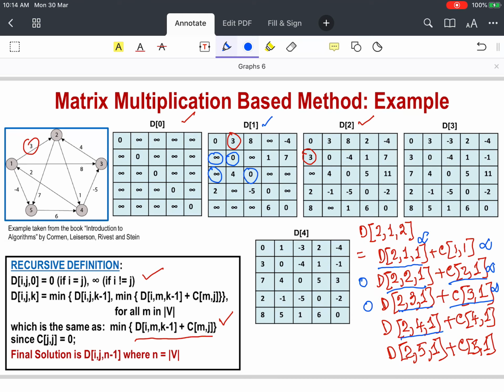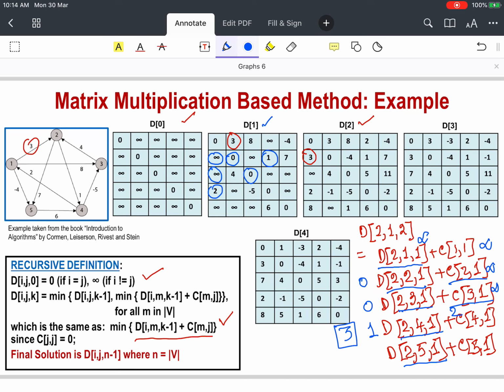Let us look at what D2, 4, 1 is. So D2, 4 is this value, 1. I get 1 from here. And C4, 1 is this value. I get 2 here. So this gives me a value 3.